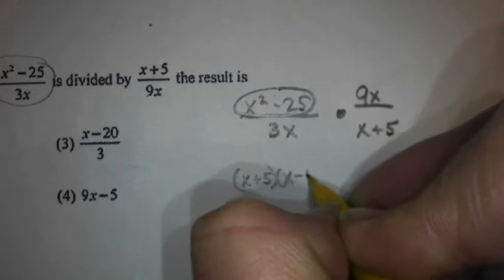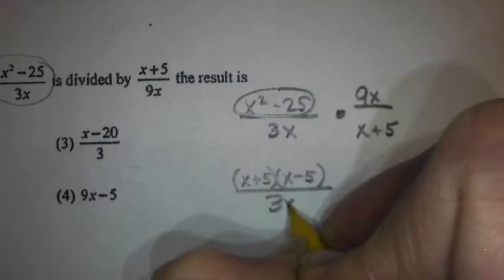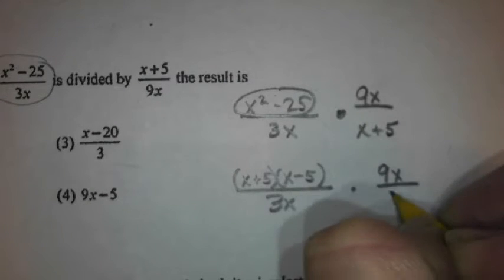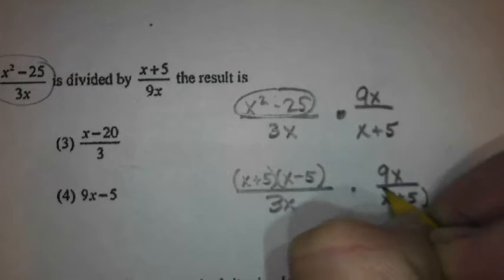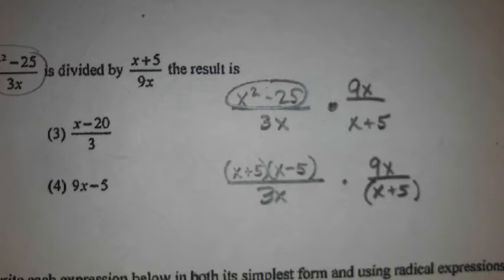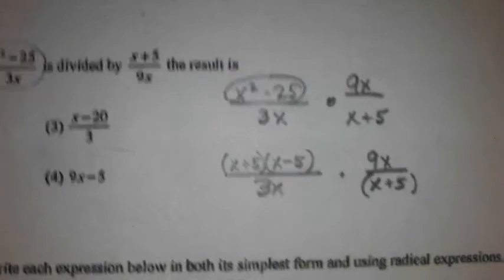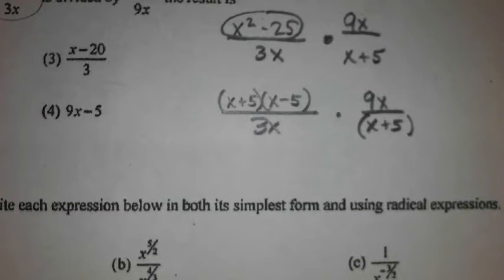Good. So now that everything's factored, I'm also going to throw some parentheses around that binomial just for visual purposes, to make it look cleaner. Now, Kaylee, the 3x and the 9x, what about it?